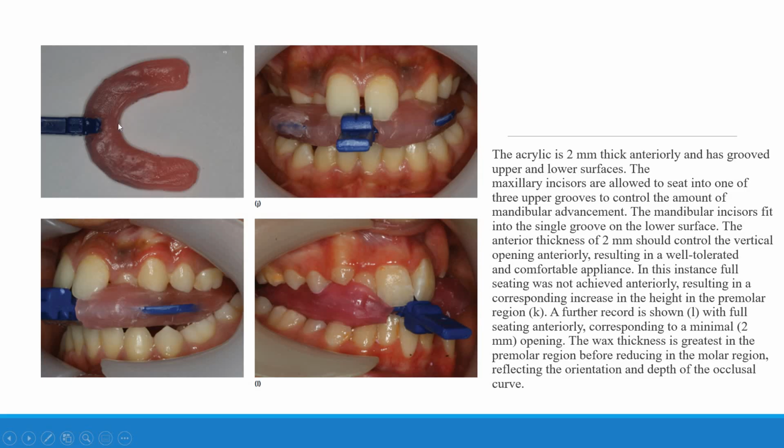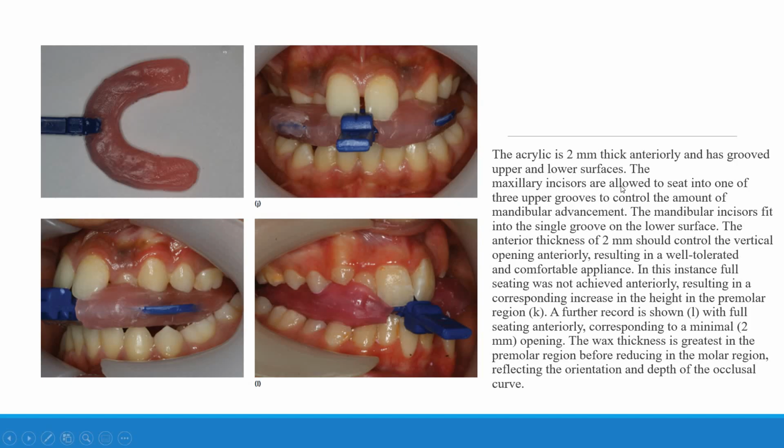Before preparing the twin block, we have to take the functional bite, because the acrylic should be 2 mm thick anteriorly and have grooved upper and lower surfaces.